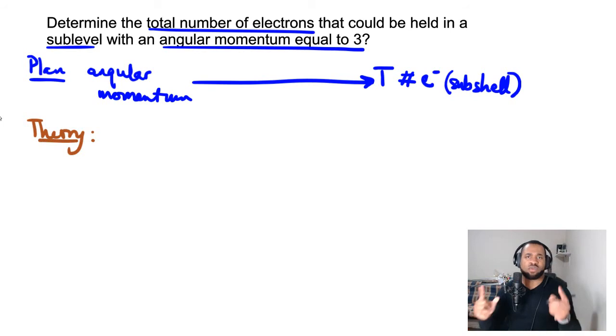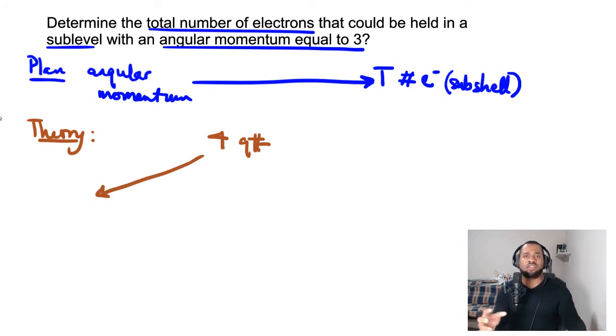Of course we're dealing with quantum numbers here, because sublevels and angular momentum are both linked to quantum numbers. We're going to look at the 4 quantum numbers in total, and from them determine which quantum number is important enough for us to determine the total number of electrons.